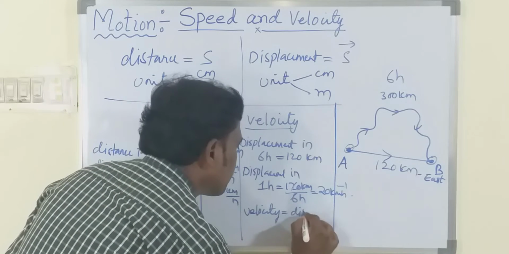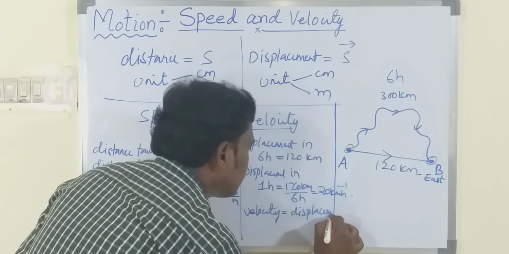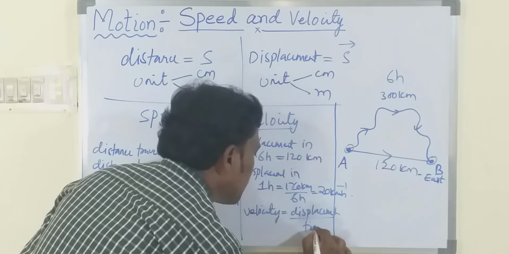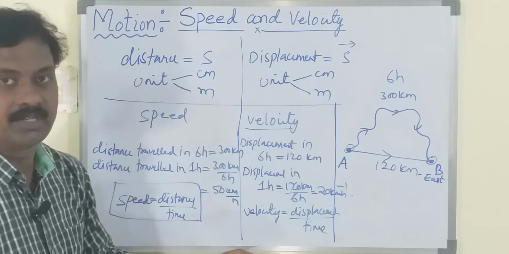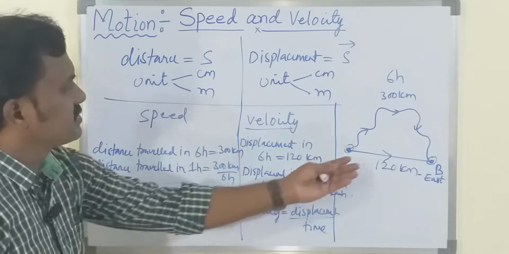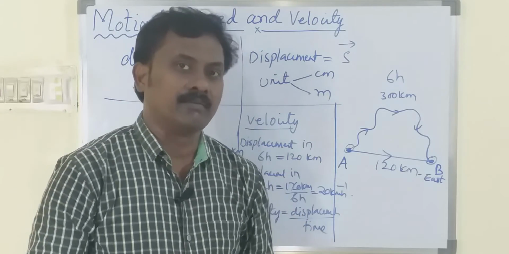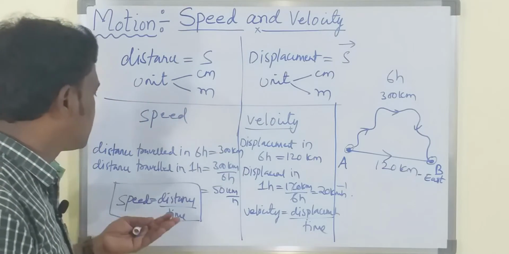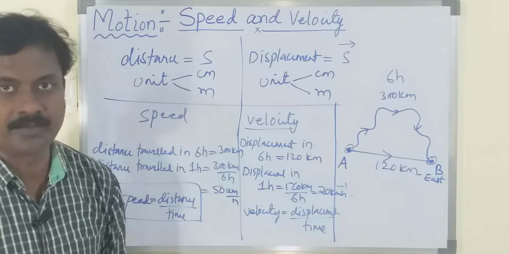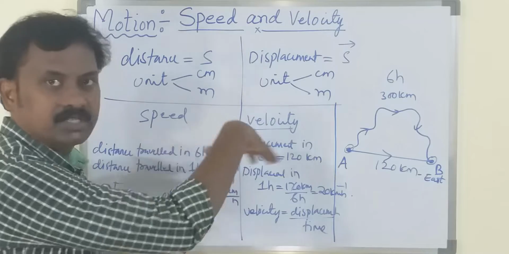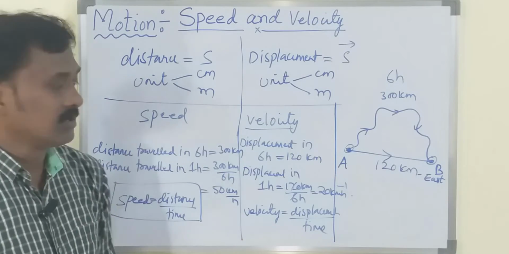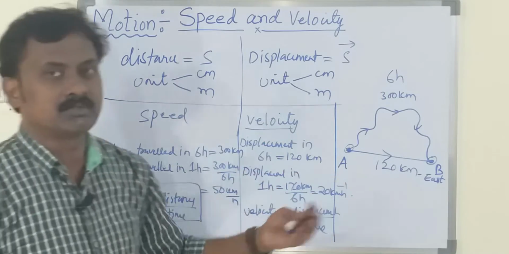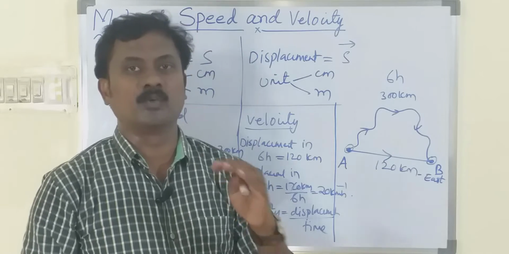Velocity is displacement by time. By this simple example, we will get the idea of what is speed and what is velocity. We are going to see about speed and velocity again in the next topic. But here, this is an example just to make it clear what is speed and what is velocity.